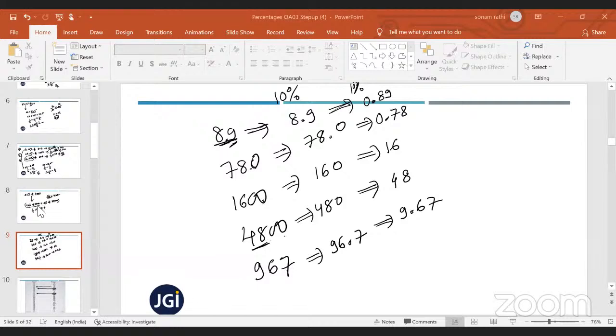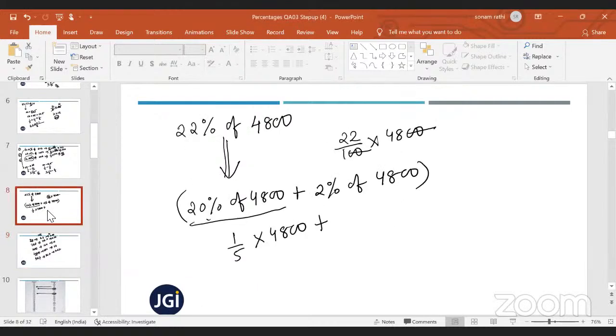Right? So now tell me, can I calculate 1% of this? What will be 1% of 4800? 48, correct? Yes. So if 1% is 48, what will be 2%? 96.